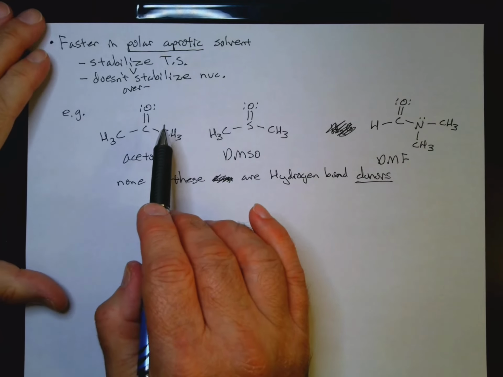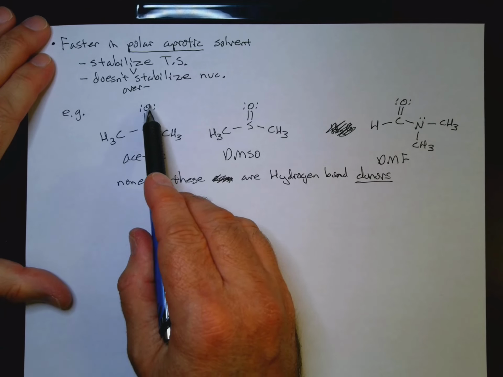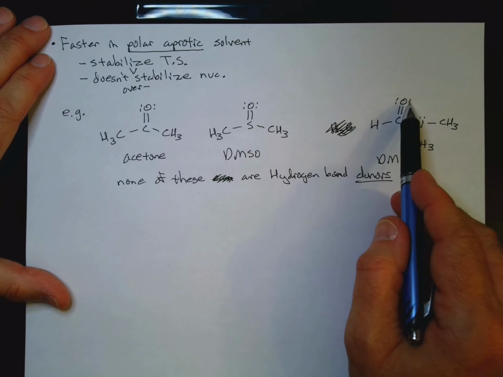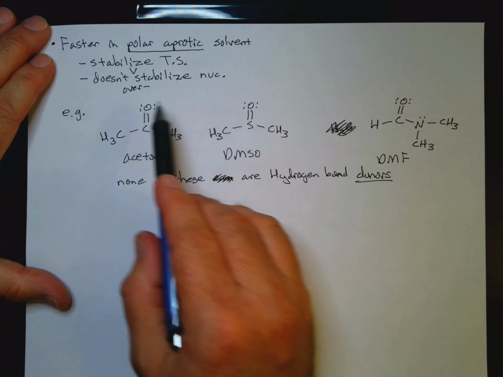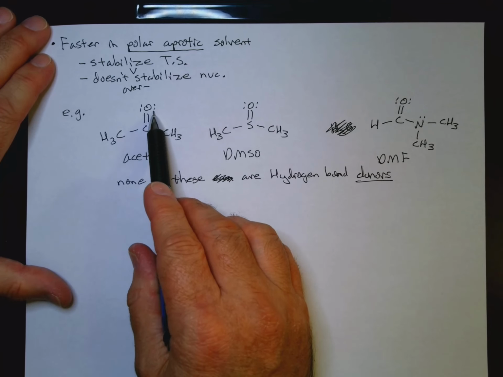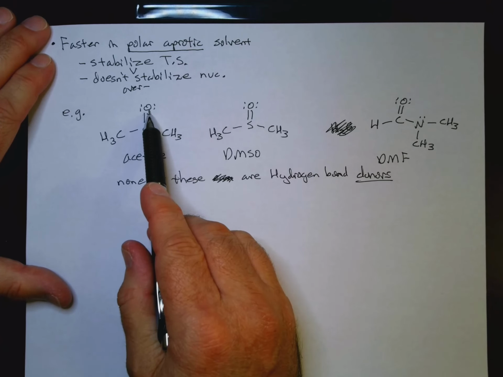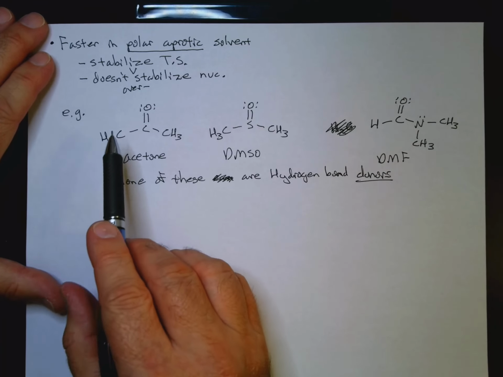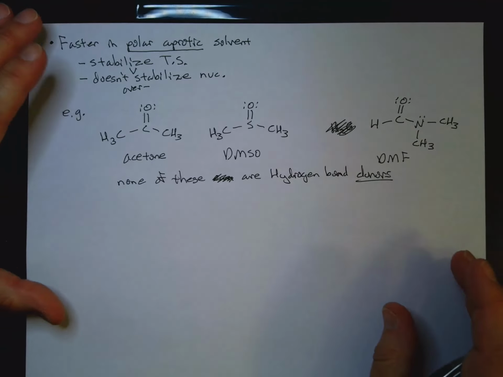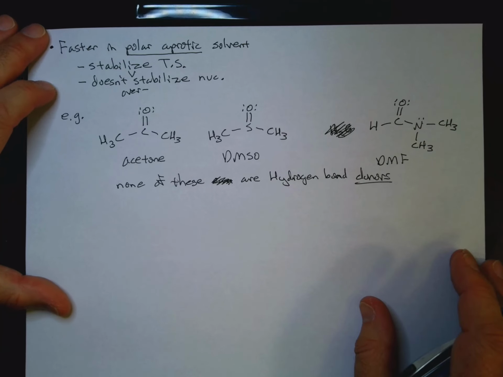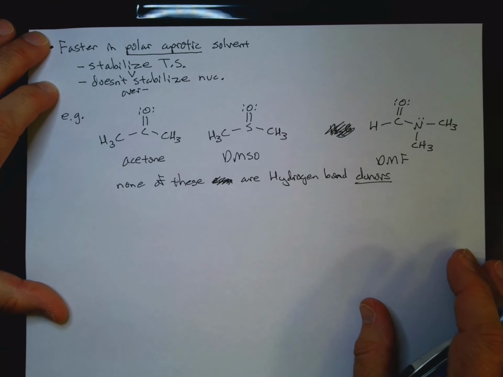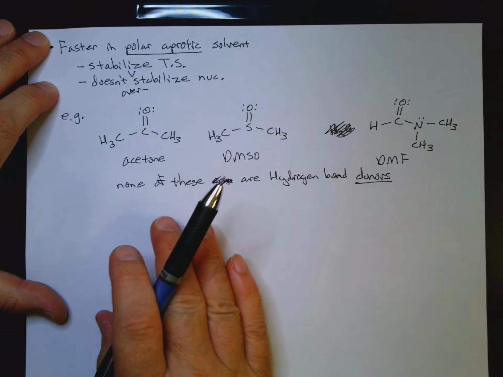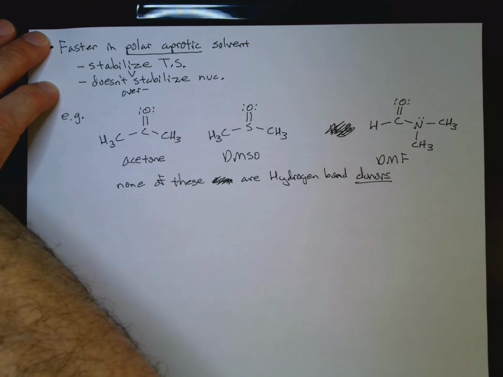They could accept hydrogen bonds. So these partial negative charges can help stabilize the partial positive charge in the middle of the transition state. But we're not going to have protons that could hydrogen bond and potentially stabilize a nucleophile too much. Okay, so again, these are stabilizing the transition state.